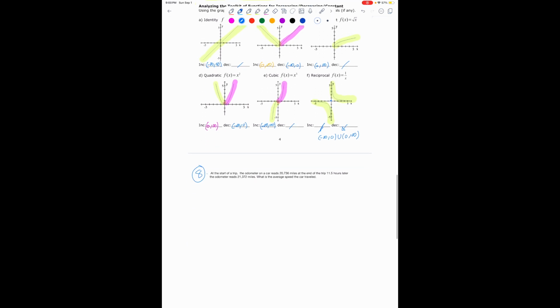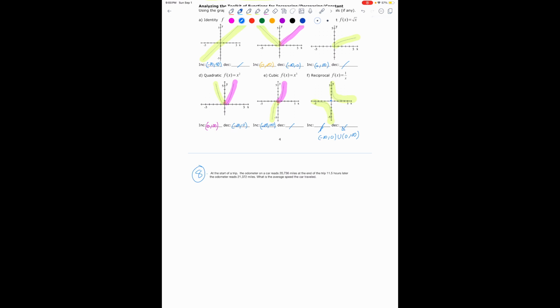Here is the last piece of section 3.3, which is basically an application. At the start of a trip, the odometer on a car reads 20,736 miles. At the end of the trip, 11.5 hours later, the odometer reads 21,372 miles. What is the average speed the car traveled?